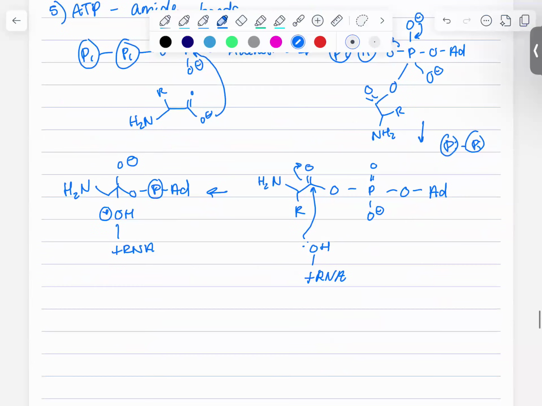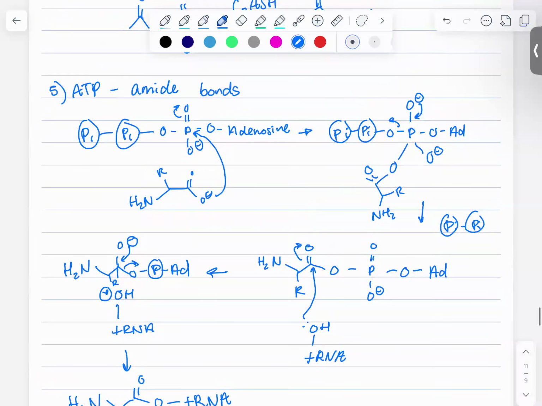With the collapse of this, we can kick off the phosphate group. And we end with our tRNA bound to our amino acid. The main takeaway from ATP as a general cofactor is that it helps in the formation of amide bonds.